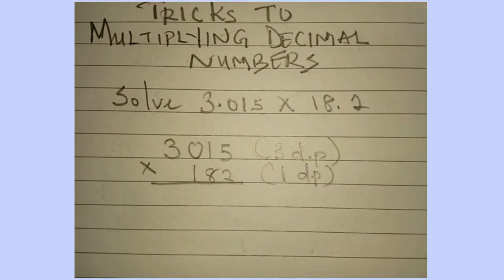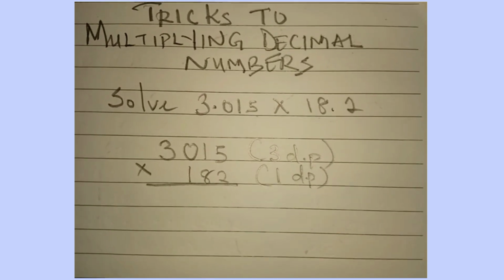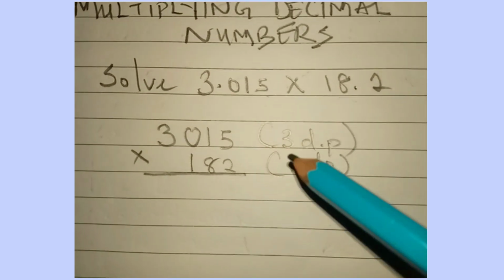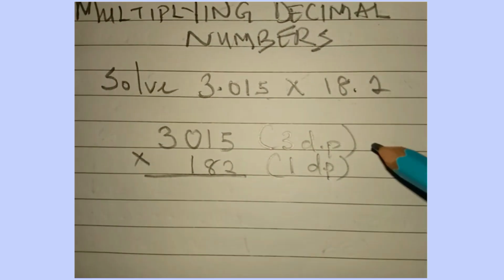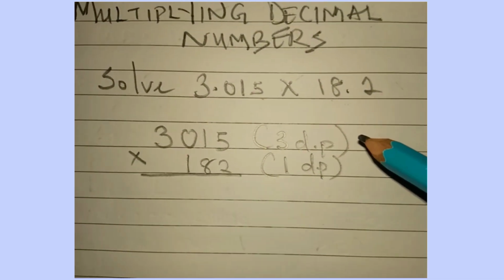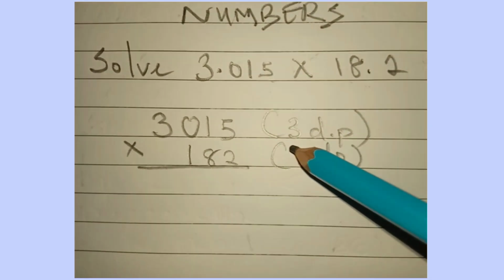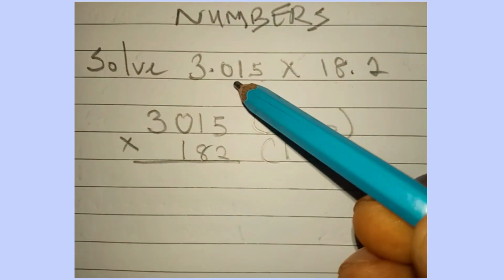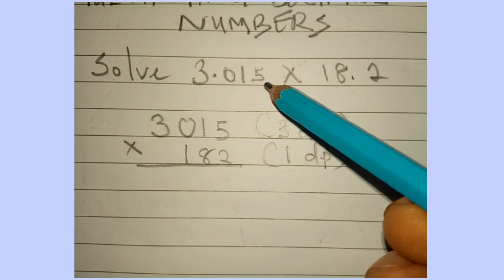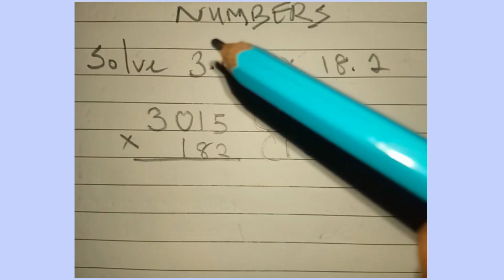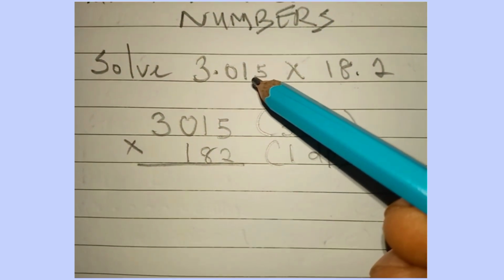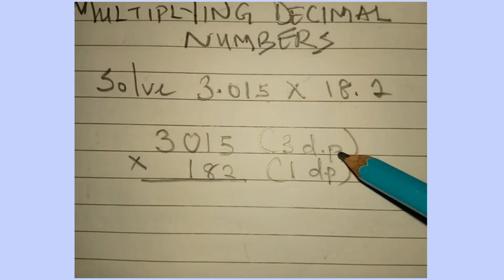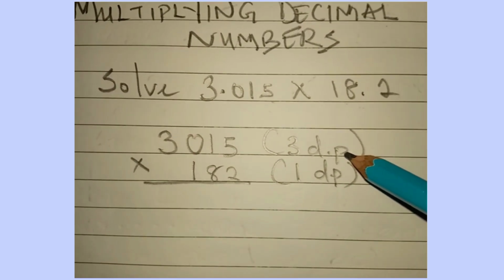Now, that being said, we've been able to write out these numbers as though they are without decimal points. Now, in front of each number, pay attention closely. There are three decimal places, which means after the decimal point, I've got three numbers, and that's why you have three decimal places here.